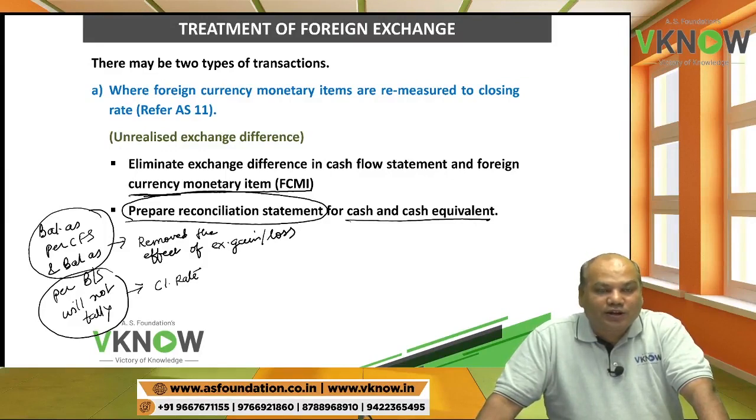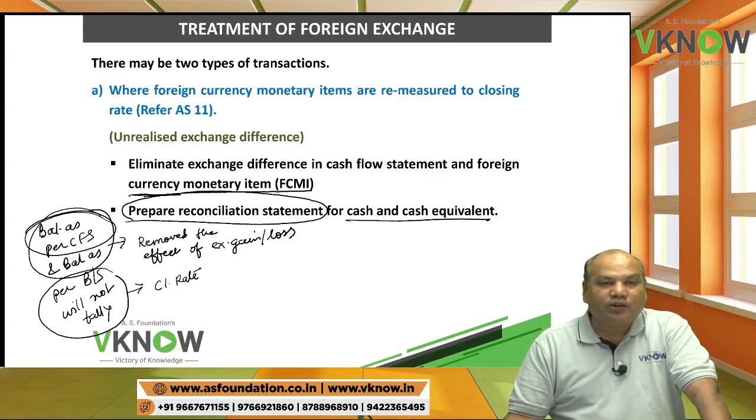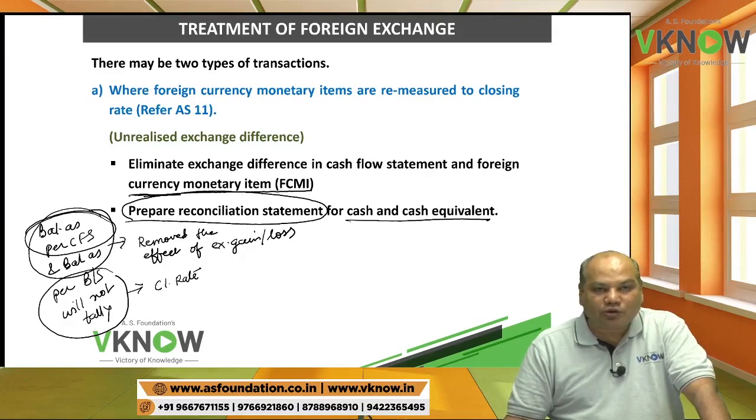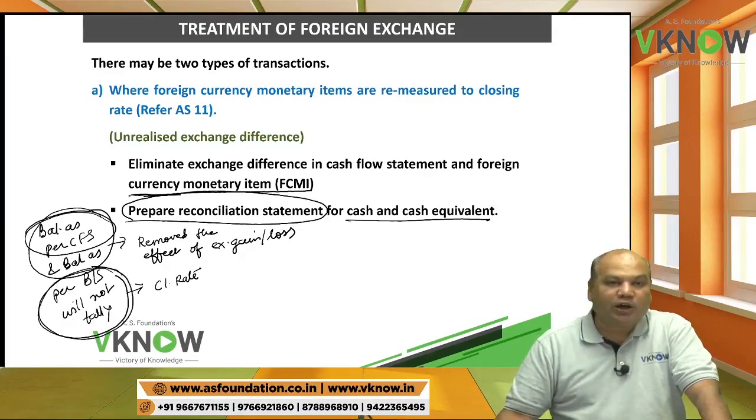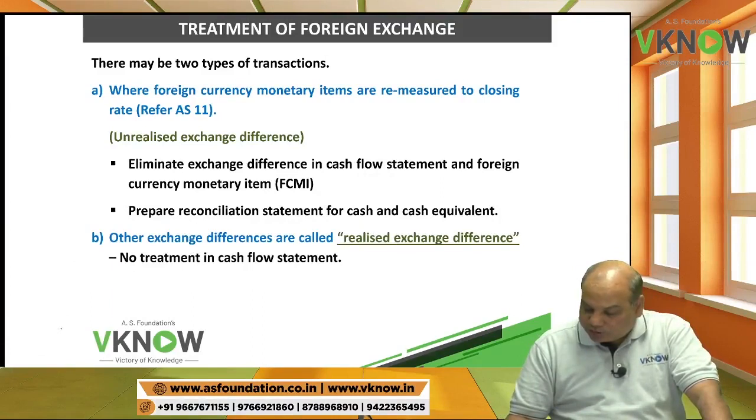So therefore, a reconciliation statement will be prepared. And what will you show in that reconciliation statement? Balance as per cash flow statement plus or minus exchange gain or loss, and that will give you balance as per balance sheet.